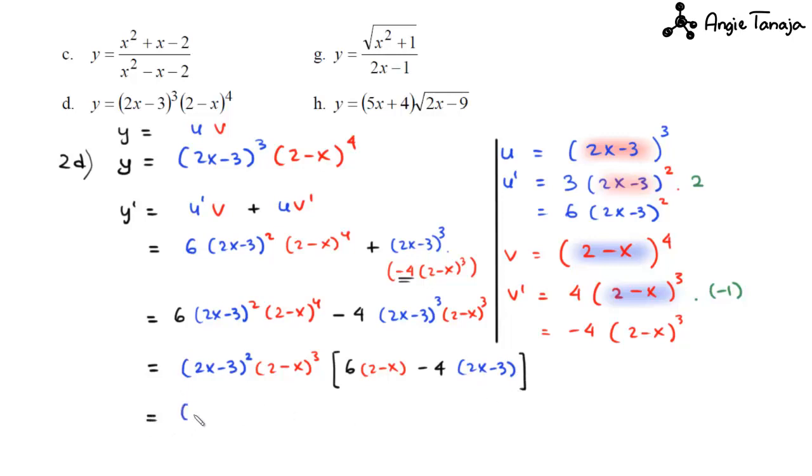So this will be 2x minus 3 squared, 2 minus x cubed, times 12 minus 6x minus 8x plus 12, so that it will be simpler.